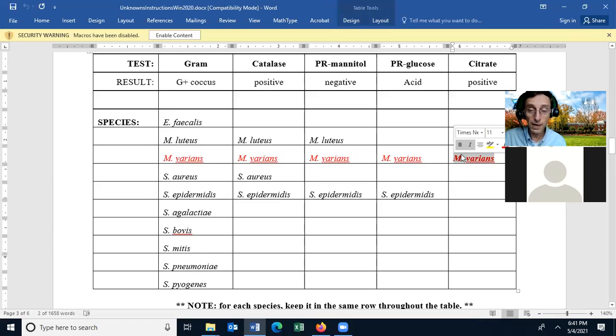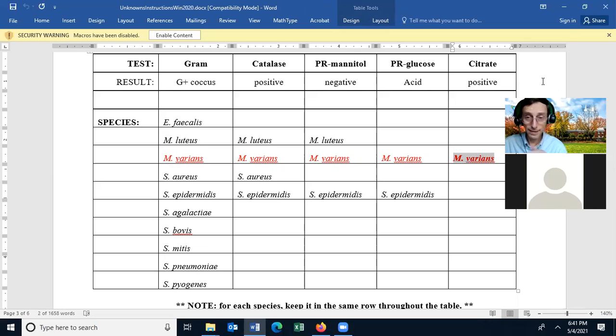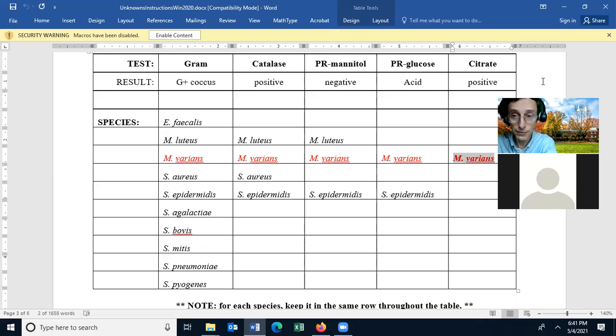So you've identified your unknown species. Let me state, you could do one more test to confirm that your unknown is Micrococcus varians. It's not required, and in this case, I don't have it shown.